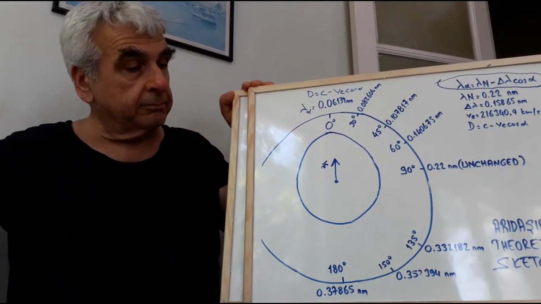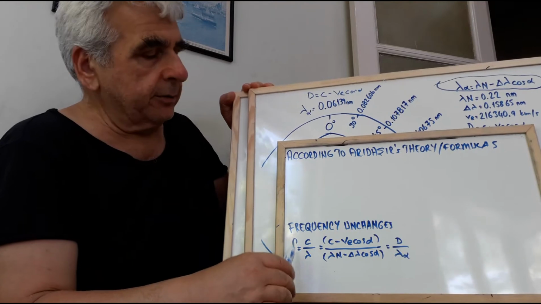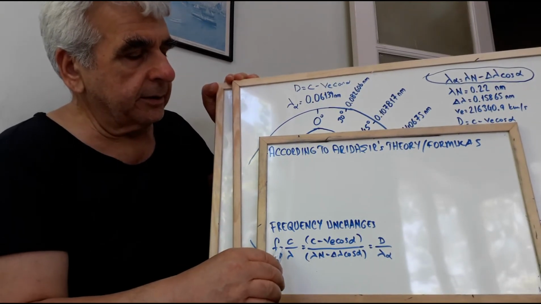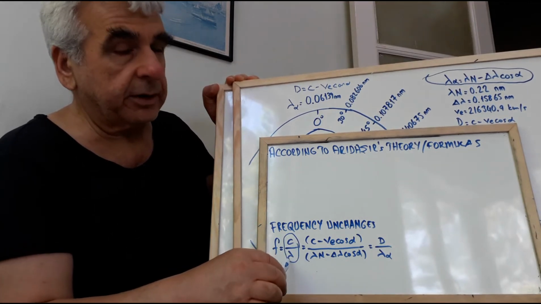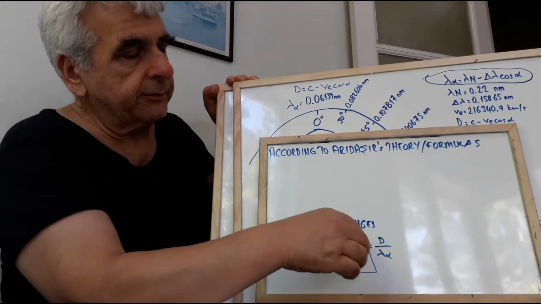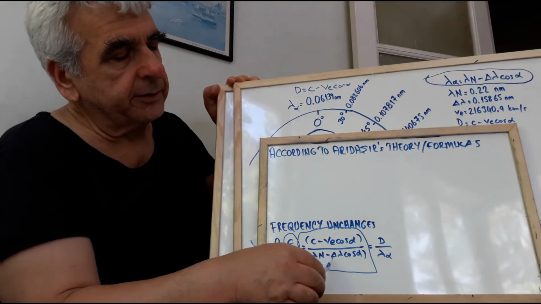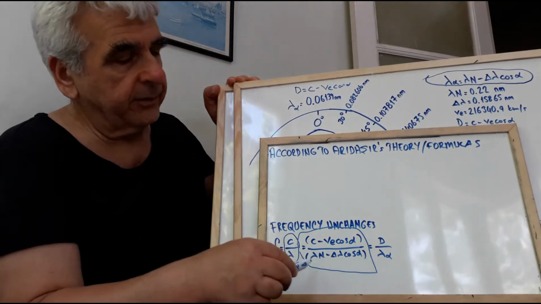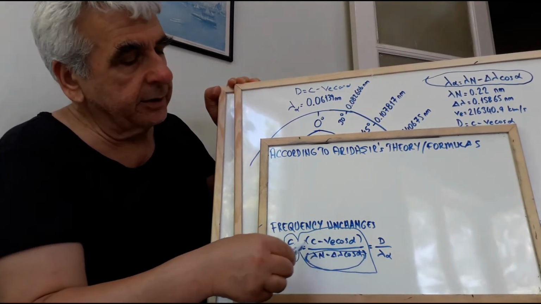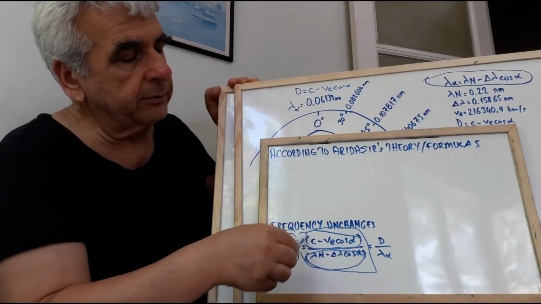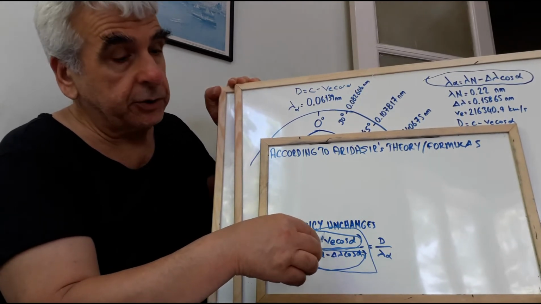Remember, according to my theory, frequency doesn't change. At rest, it is c divided by lambda, or in motion for electron motion forms, c minus and lambda n minus delta lambda cosine alpha. If lambda n minus delta lambda cosine alpha changes, the velocity of the wave in the direction of whichever angle will change too.